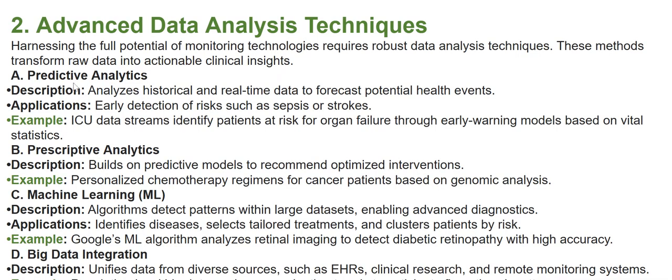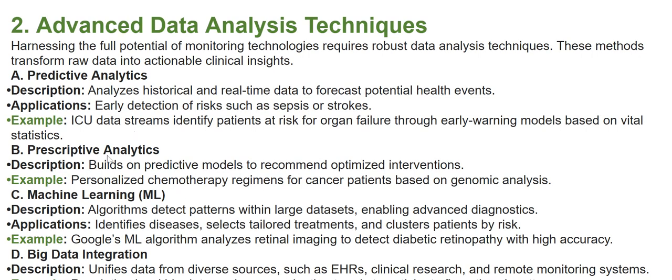We have predictive analytics. Description: analyzes historical and real time data to forecast potential health events. Applications: early detection of risks such as sepsis or strokes. As for an example, intensive care unit (ICU) data streams identify patients at risk for organ failure through early warning models based on vital statistics.